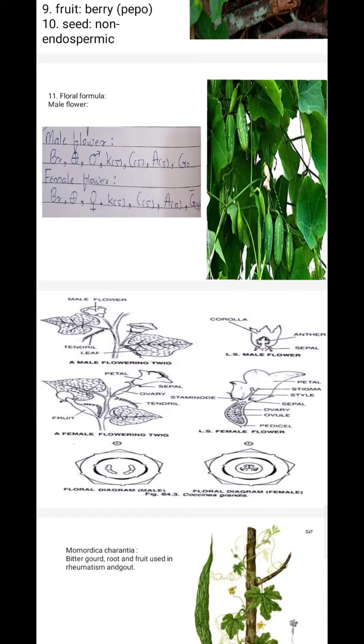In the female flowers of Coccinia, there is also valvate estivation, and the ovary is three-chambered, that is, a trilocular ovary. In that, parietal placentation is observed, so the ovules are attached to the ovary walls.